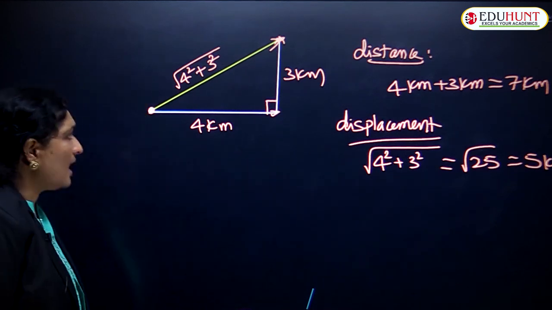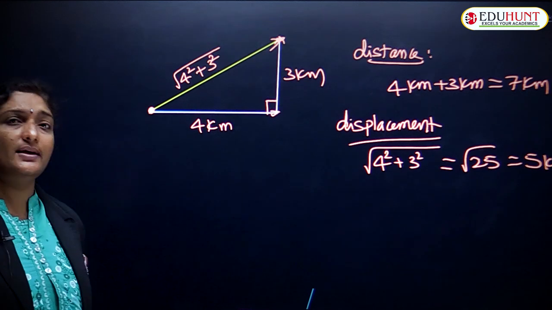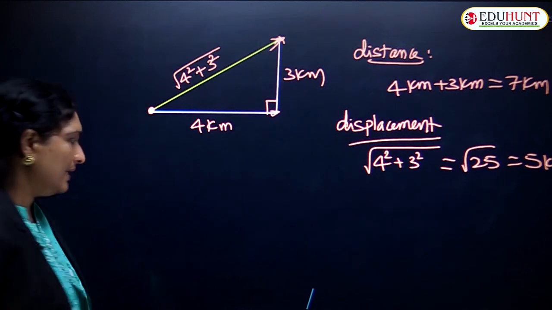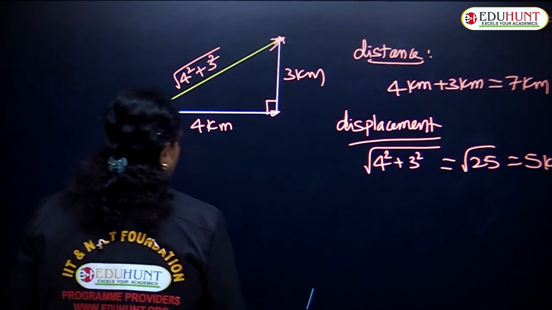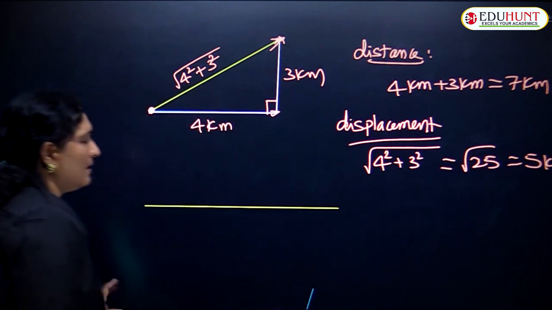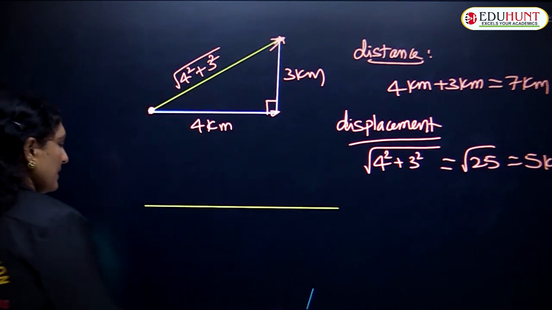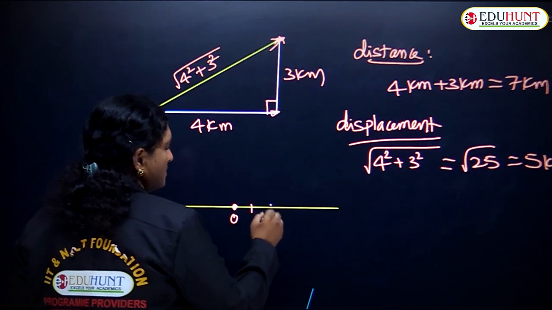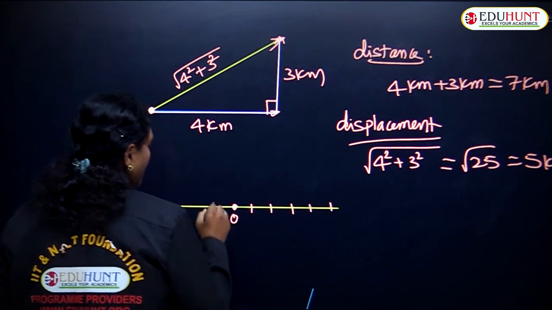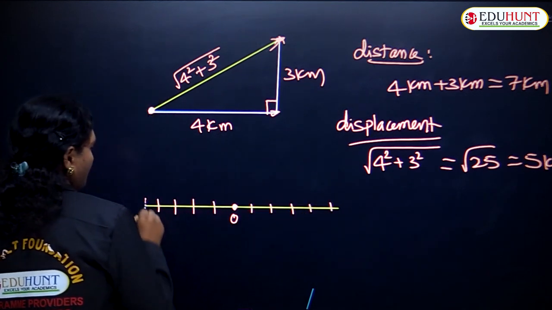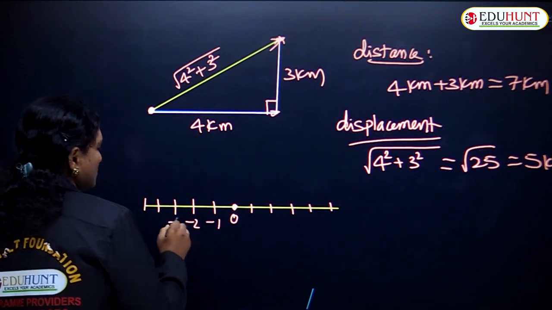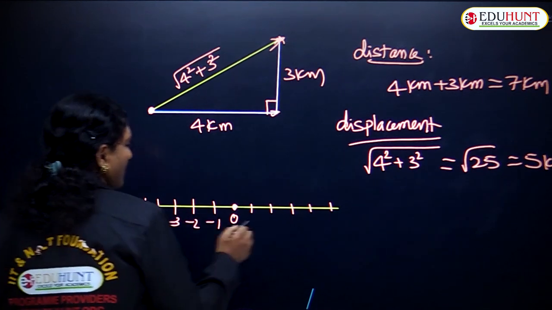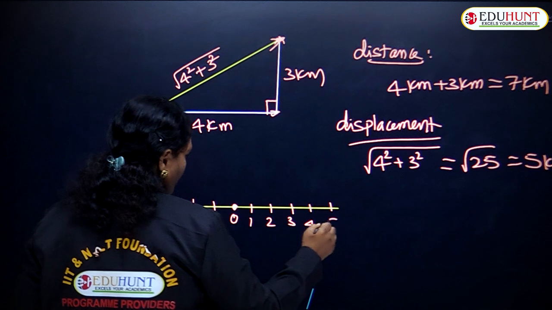Okay. And there are possibilities where displacement and distance can be the same. Let us try to understand the same by representing a number line. On this number line, suppose we consider this as the origin, 1, 2, 3, 4, 5, minus 1, minus 2, minus 3, minus 4, minus 5.